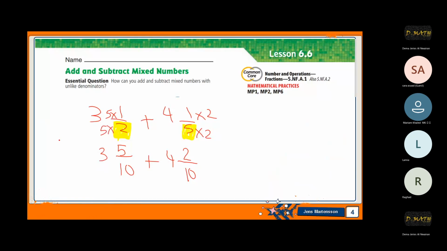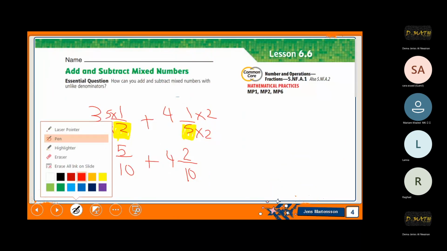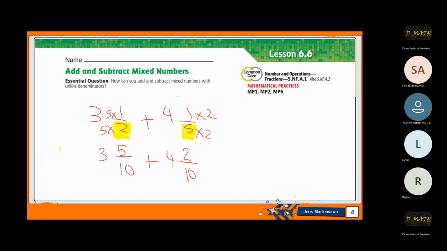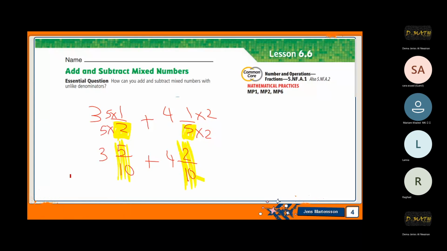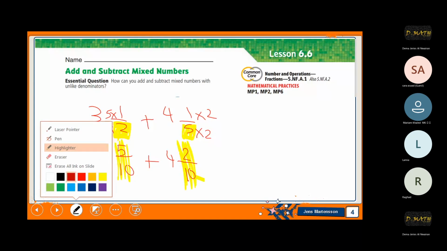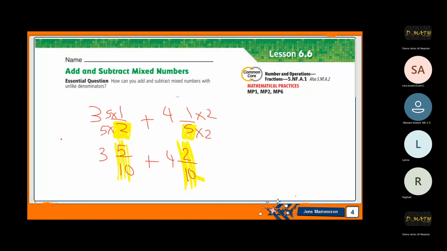Now, after we have the same denominator, as you know from before, we must add the fractions first. So the first step, check if you have the same denominator. If not, you have to make them have the same denominator. Now we have the same denominator, so take one of them.